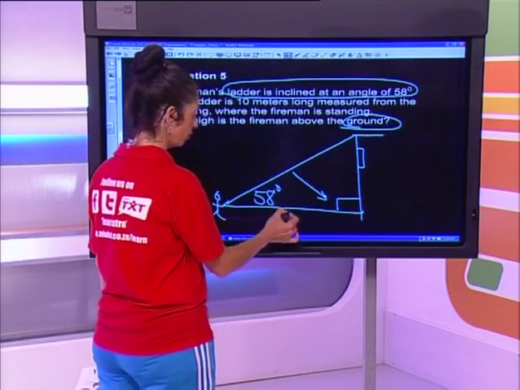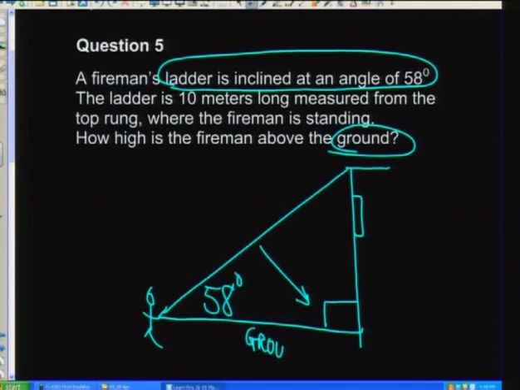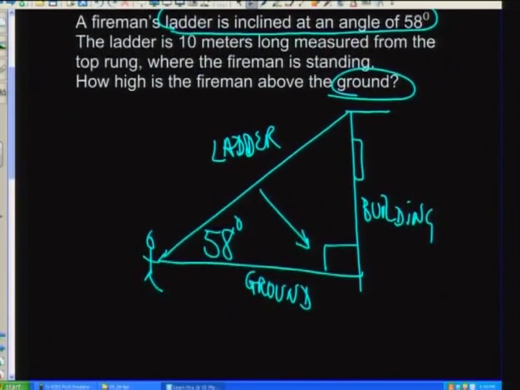So there's my ground, there's my building, and there's my ladder. So we've drawn a diagram of what is happening in reality, and now we're going to translate even further and see how this relates to trigonometry.